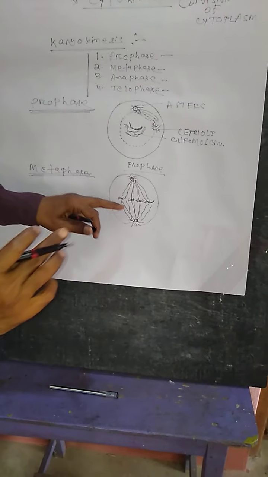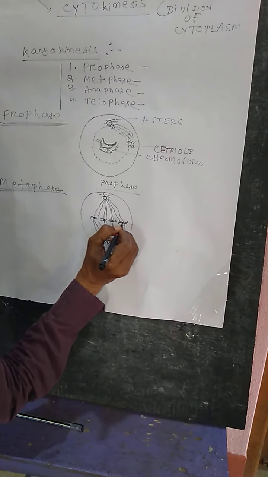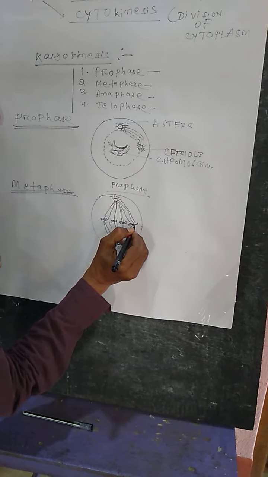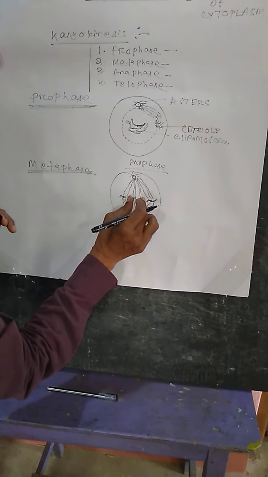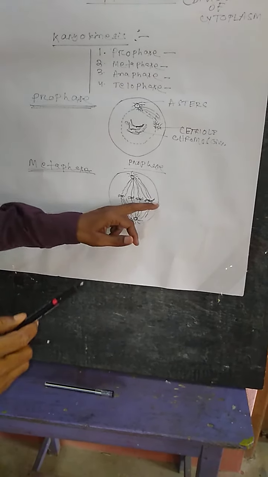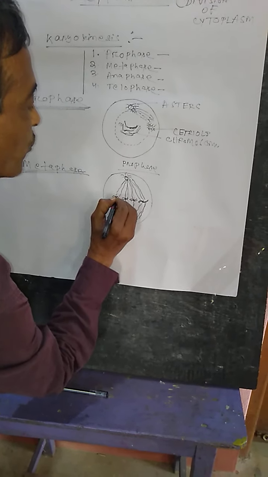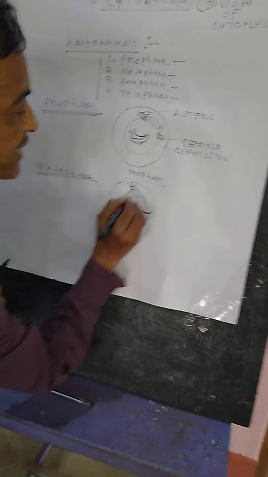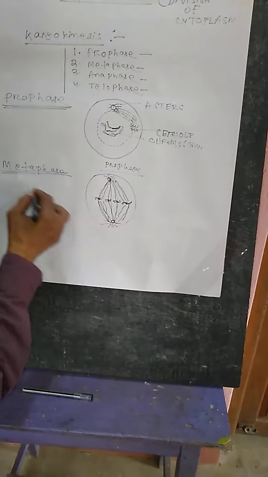The chromatids are present at the edge of the nuclear region and move towards the equatorial line, with the centromere at the middle point of the chromosome. The centromere is attached to the spindle fibers. This takes a very short time. This is all about metaphase.